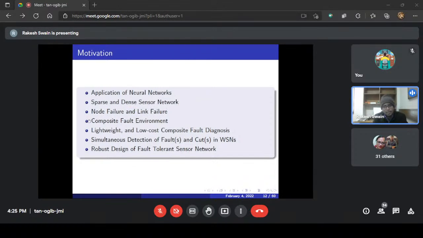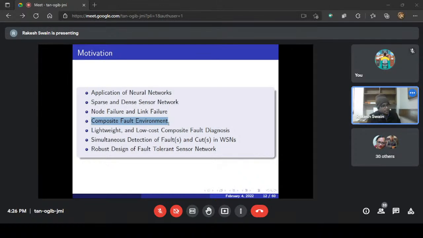Then the important one is the composite fault environment. Previous researchers' algorithms basically concentrated on a single type of fault. But now the state of the art is to go for heterogeneous types of faults. That is the composite fault, a combination of different types of faults.